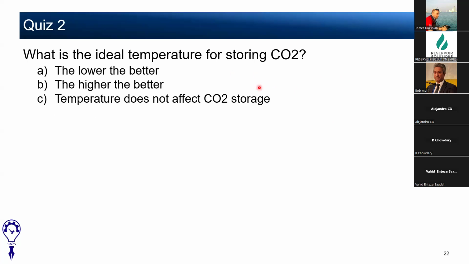What is the ideal temperature for storing CO2? A, the lower the better. B, the higher the better. C, temperature does not affect CO2 storage. So if you can write in the chat box, what is the ideal temperature for storing CO2?